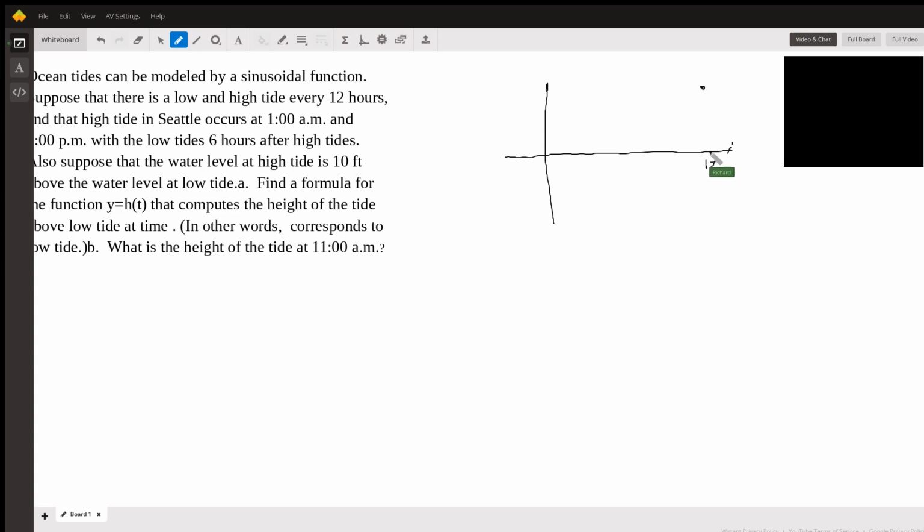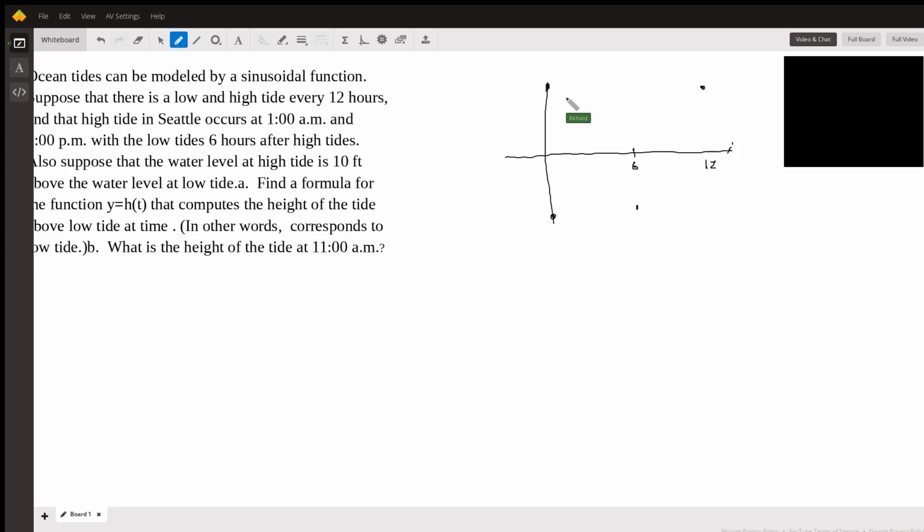Those are the two high tides. We're told that 6 hours after high tide, we have a low tide. So here's 6 hours, and now my low tide is here.